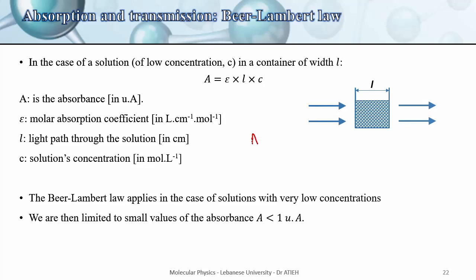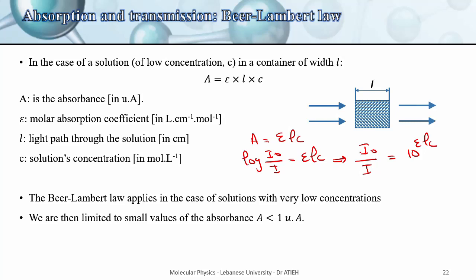We know A equals epsilon LC, where A is equal to log I0 over I, I0 is the incident and I is the transmitted intensity, equals epsilon LC. So I0 over I equals 10 to the power epsilon LC.